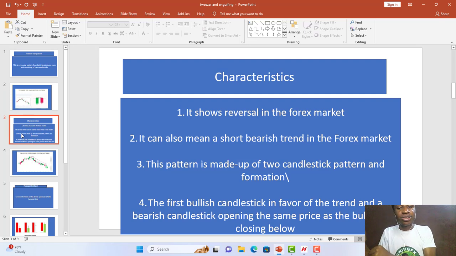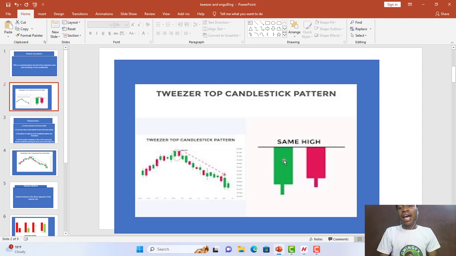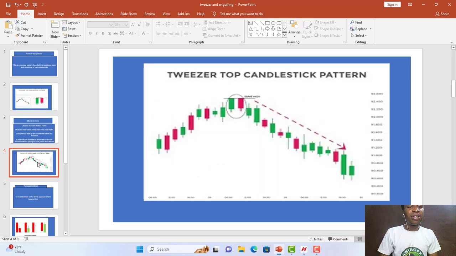The first bullish candlestick is in favor of the trend, and the bearish candlestick opens at the same price. What this is trying to let us know is that the second candlestick must open at the same price that the bullish candlestick closed. That is simply what it means, right? So this is a good example of what we are trying to share. When spotted at the resistance zone or in a downtrend after a deep retracement, you can see a good fall, a good sell in the market.